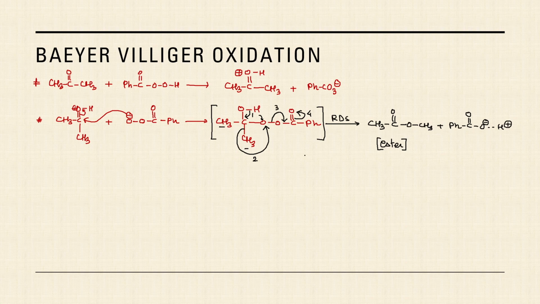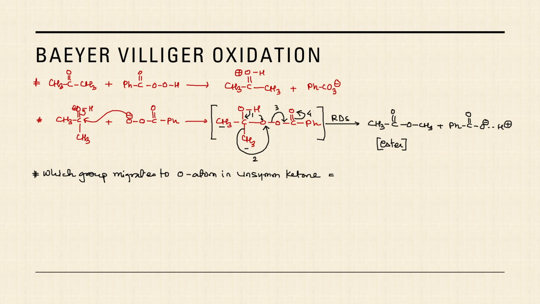Is that clear? So, if we observe which group migrates to oxygen in an unsymmetrical ketone. If it is a symmetrical ketone, then anything can migrate, but if it is an unsymmetrical ketone, then what will migrate?